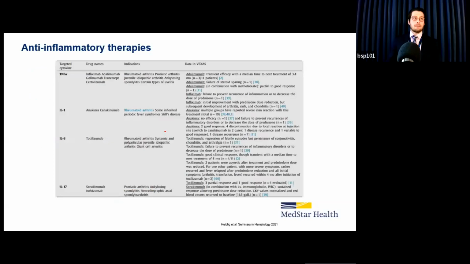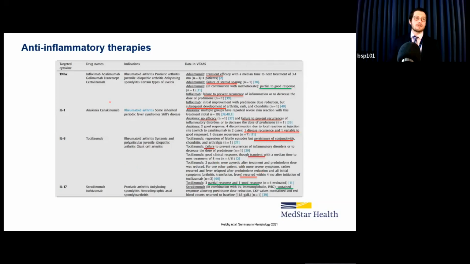This is a very busy slide, but my point here is to show you that all these therapies that target the inflammatory pathways in general have not been successful. So here, in all the experience, you see partial to good response, sustained response, and partial response, but then the majority said that the effect was transient, failure to spare steroids, failure to prevent recurrence, subsequent development of more symptoms, no efficacy, disease recurrence, persistence of some symptoms, failure, transient, recurred.